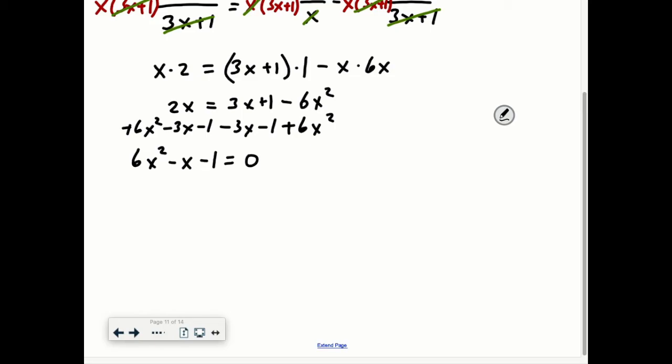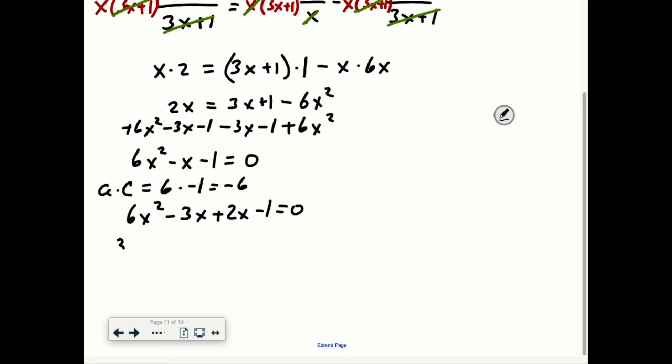So, factor by grouping, a times c is equal to 6 times negative 1 is equal to negative 6. The factors of negative 6 that add up to negative 3 are going to be 6x squared minus 3x plus 2x minus 1 equals 0.